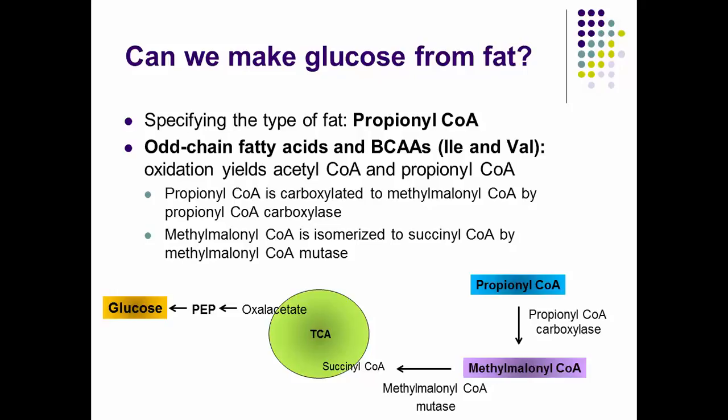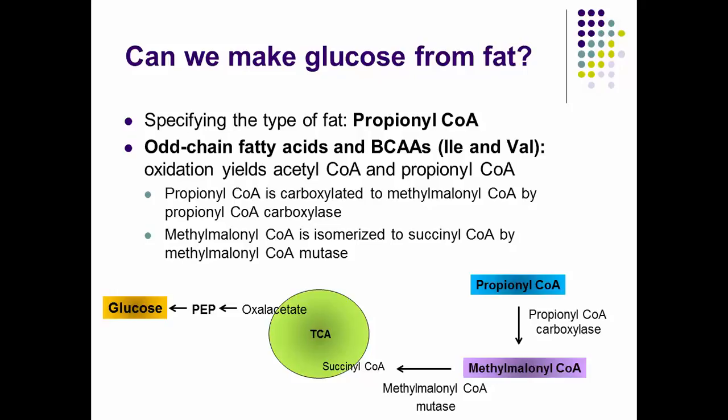So just try to remember these two specific types of fat that can be utilized for gluconeogenesis, and the sources of these two types of fat. Glycerol is from the breakdown of triglyceride, and propionyl-CoA is from the oxidation of odd-chain fatty acids. Propionyl-CoA has a three-carbon skeleton, which is different from acetyl-CoA.